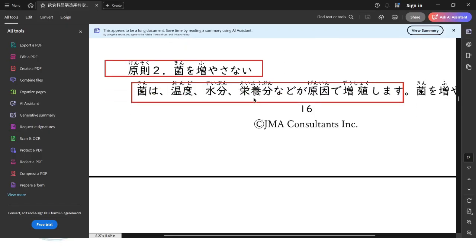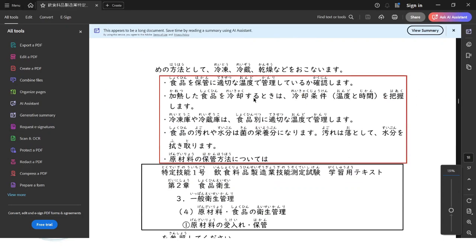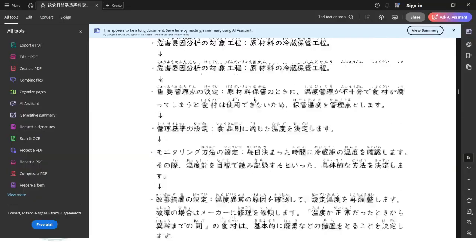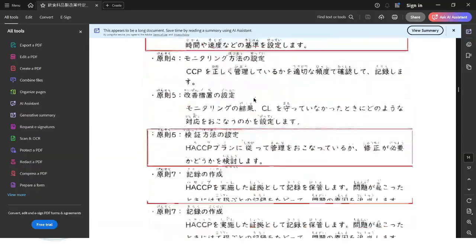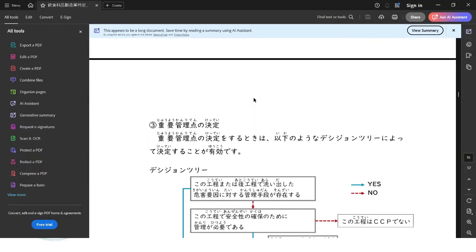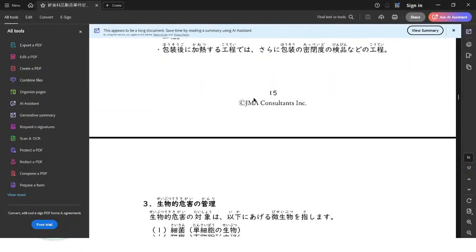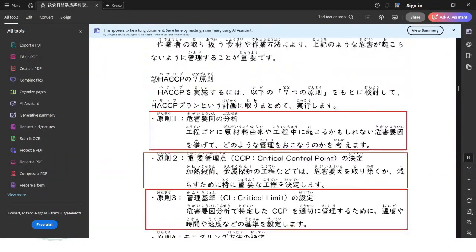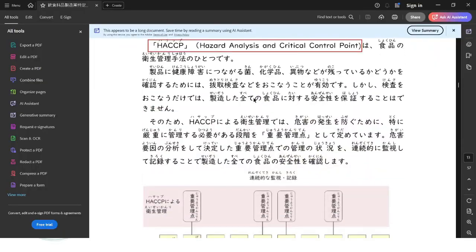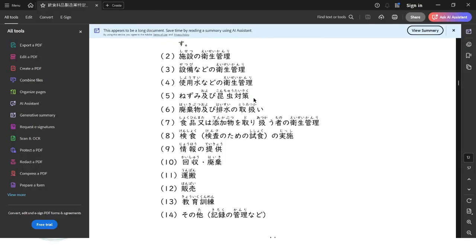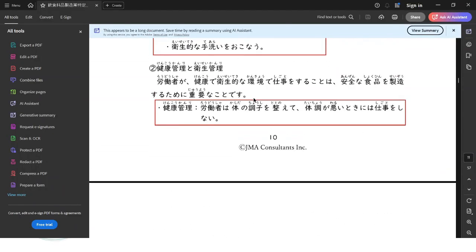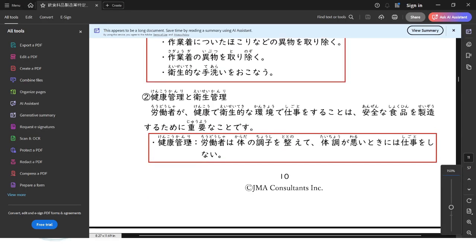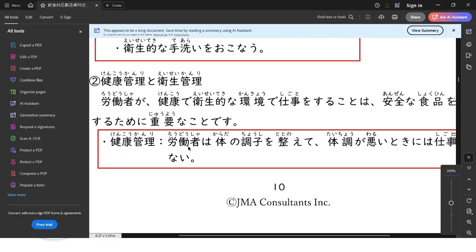So in the book we can see here health management, right?